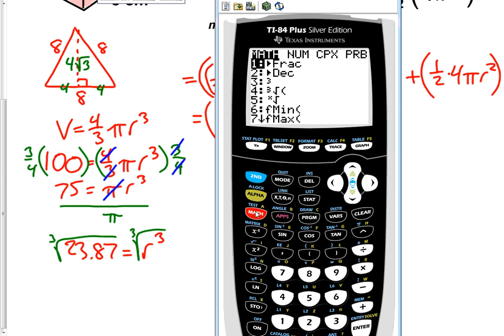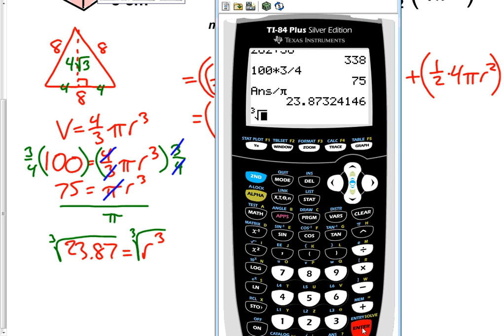When you hit the math menu, it pulls up this, and as you can see, option number 4 is cube root. Select it, and the calculator wants to know the cube root of what. I'm going to use this 23.87324 number, so I'm just going to hit second answer.